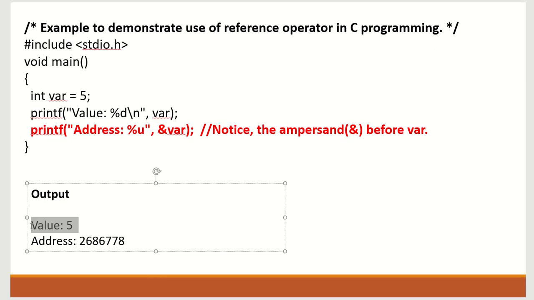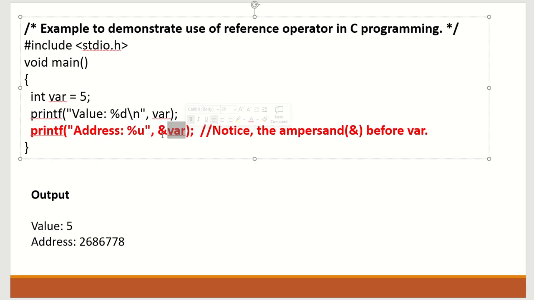It will print 5. But the next red color statement is very important. Printf, and it is not only var, print ampersand var. It means we are not interested in printing the value of that variable. We are interested in printing the address of that variable.